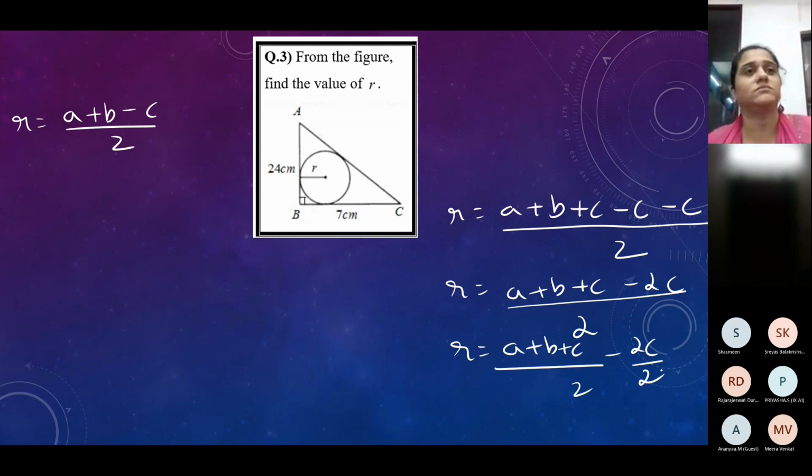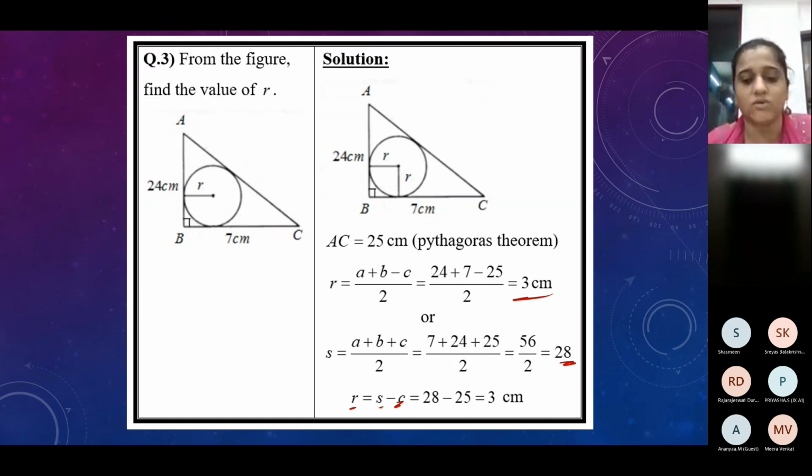Taking 2 as the common denominator, A plus B plus C by 2 minus 2C by 2. What is A plus B plus C by 2? Semi-perimeter. Minus 2C by 2 is minus C. That's S minus C, that's what I wrote here.